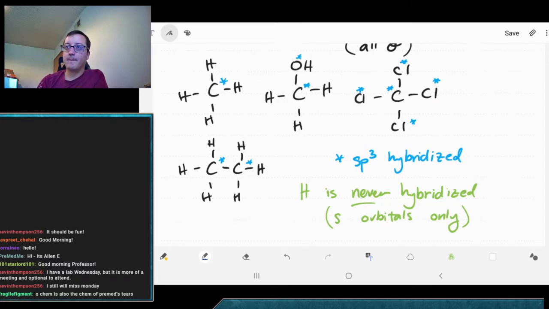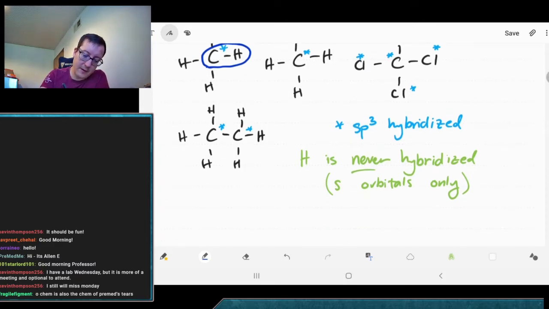Alrighty. If we want to take a look at this methane again, and let's say I want to look at this bond here in particular. If I were interested in talking about what orbitals are involved in this bond, and in fact, let's just do it on the ethane instead, because it's closer.